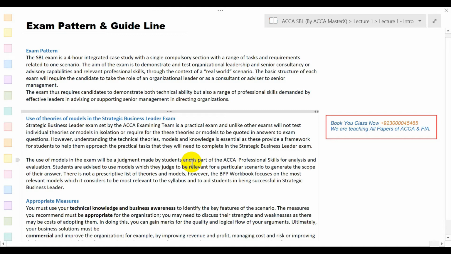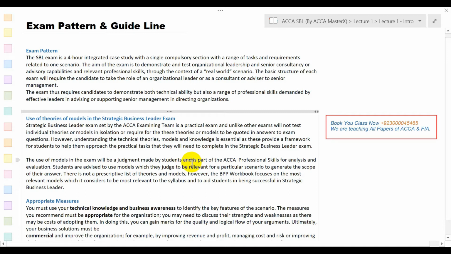But as we just discussed earlier, the examiner will not ask you directly to apply a specific business model in the given question. Instead, the examiner wants to see, as a business advisor or business leader, which business model you think is more appropriate in the given scenario.